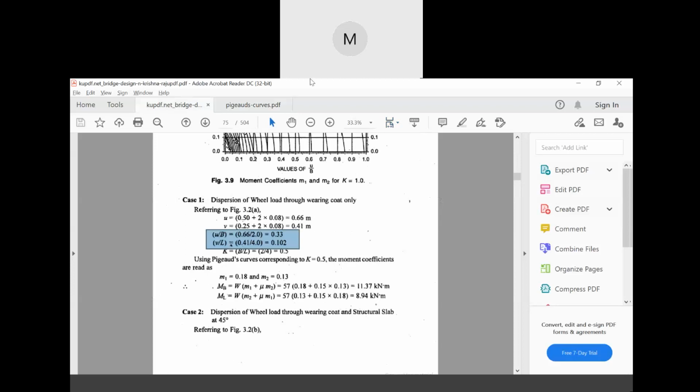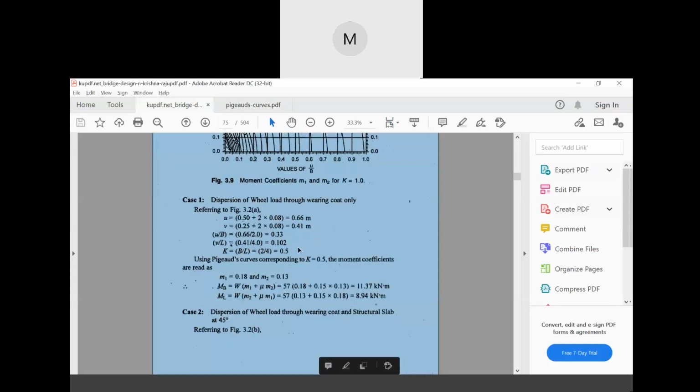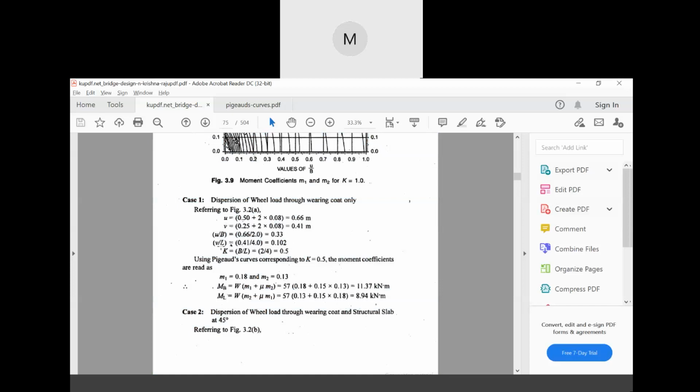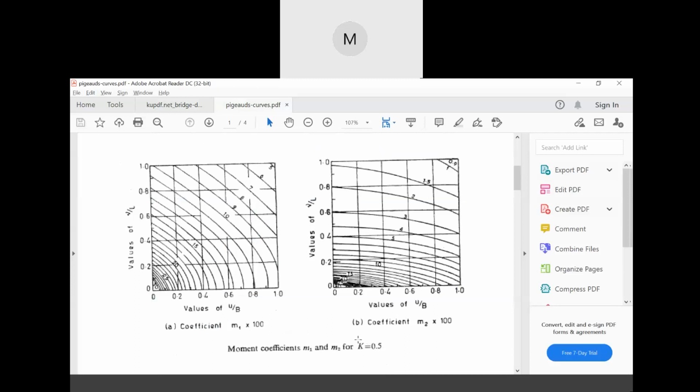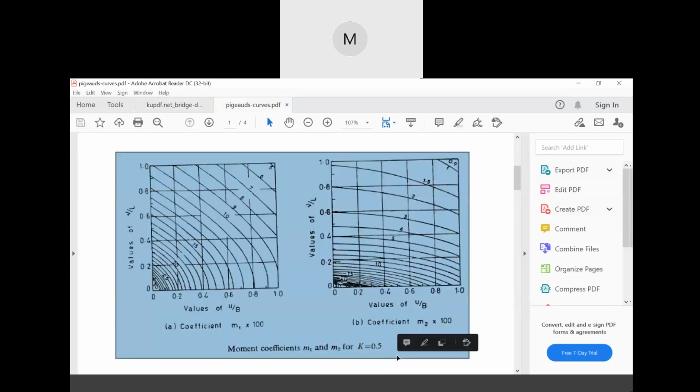Now look, what will happen? This k equals b by L. Always remember, this k value you will find out by small l by capital L. Now for the k value, we found out k value as 0.5, right?